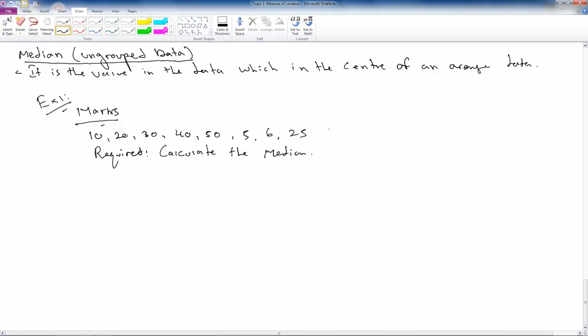There is no calculation over here, in the sense that you are going to rearrange the data and find the median. This data is not in an arranged form, so we're going to rearrange it from the lowest to the highest.